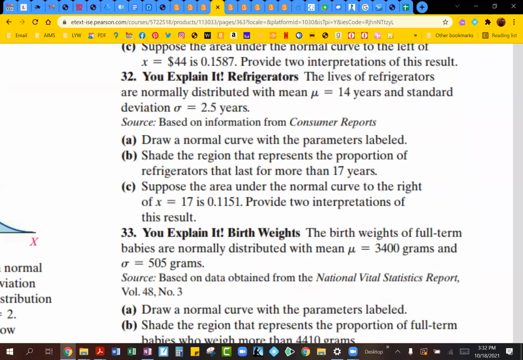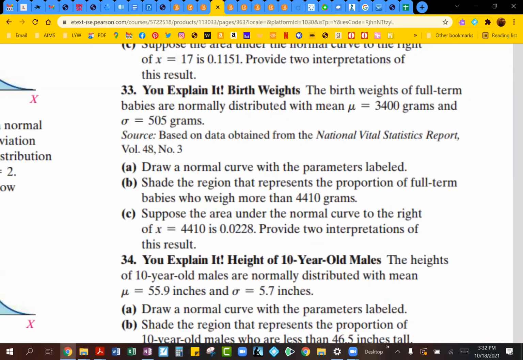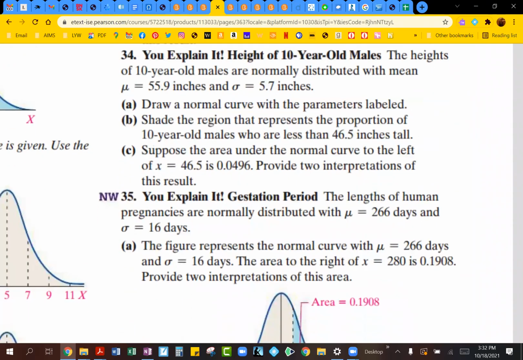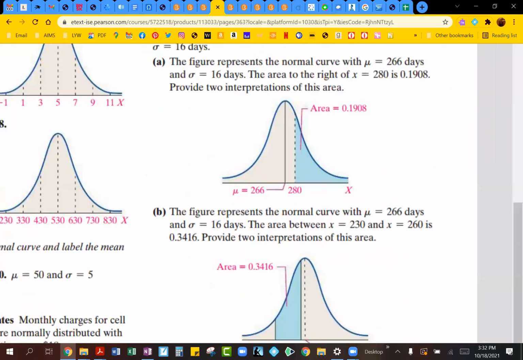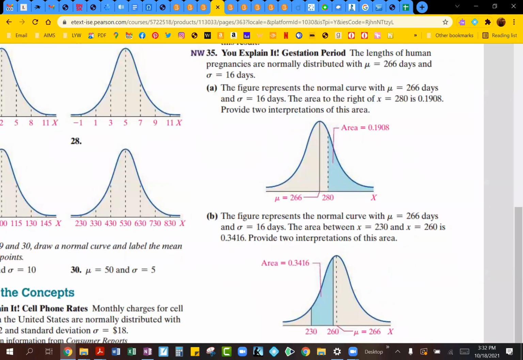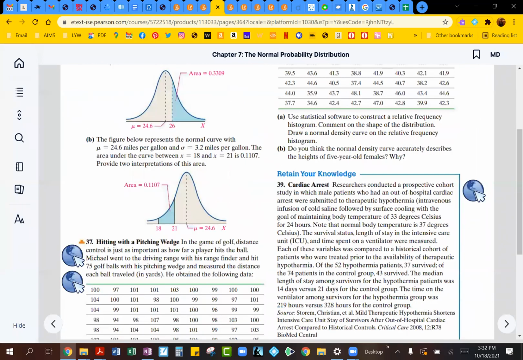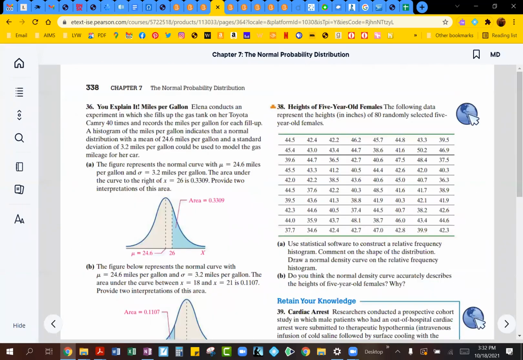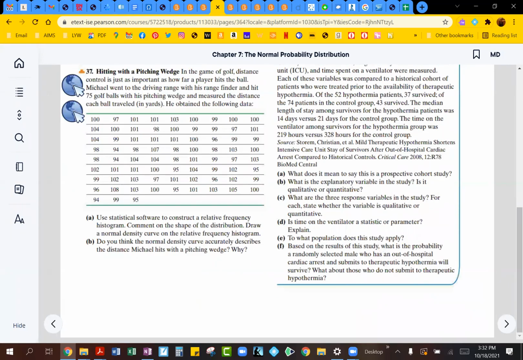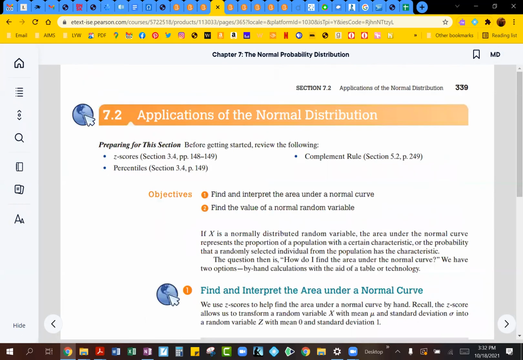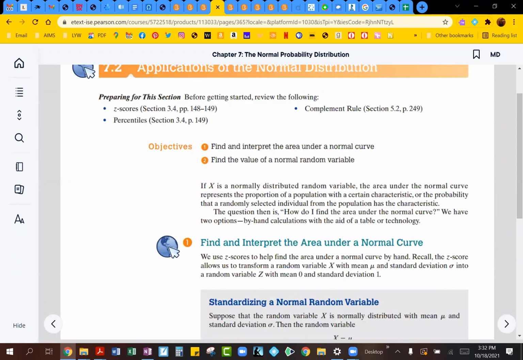And that's what these "explain it" questions over here are doing, having you do that explanation part. But most of these are actually giving you the area. So let's get into our next section, because this is where they will actually help us do calculations.